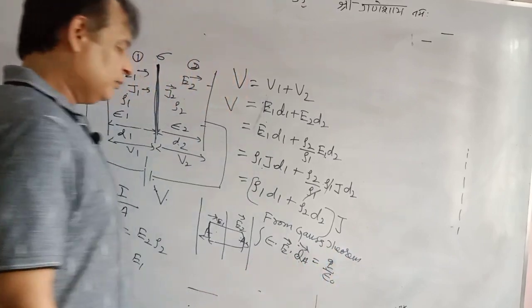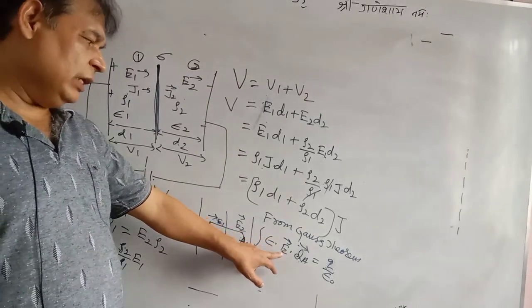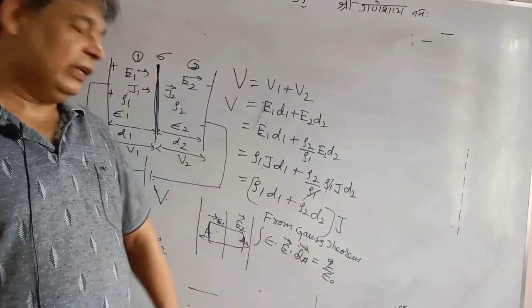You know, permittivity epsilon, electric field E dot dA will be charge enclosed by epsilon naught.